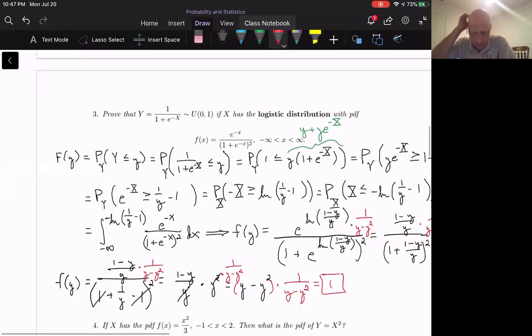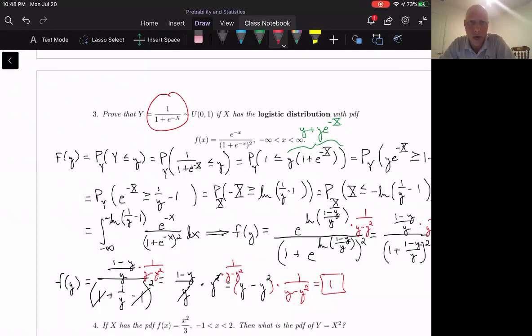And so we know x went from negative infinity to positive infinity. When x is at its smallest, e to the negative x, or e to the negative infinity, blows up, which means the denominator of how y relates to x gets bigger and bigger.